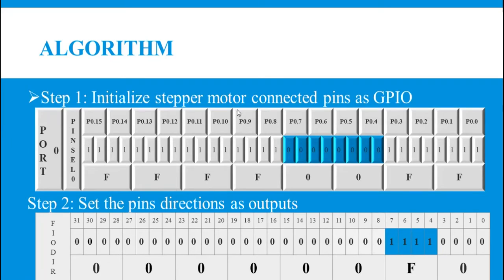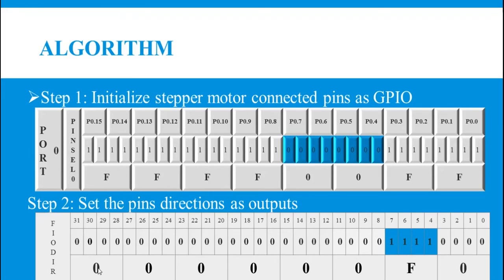Now after configuration of the selected pins as GPIO, you have to set the direction. Here all 4 pins are output pins. Thereby you have to use the FIODIR, fast input output direction register, to set the direction of those 4 pins as output. So the corresponding register positions are 4, 5, 6 and 7. Those positions must be made 1, 1, 1, 1 and the remaining positions must be padded with 0.